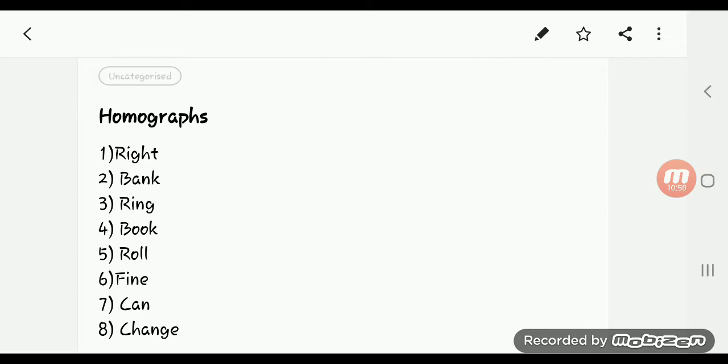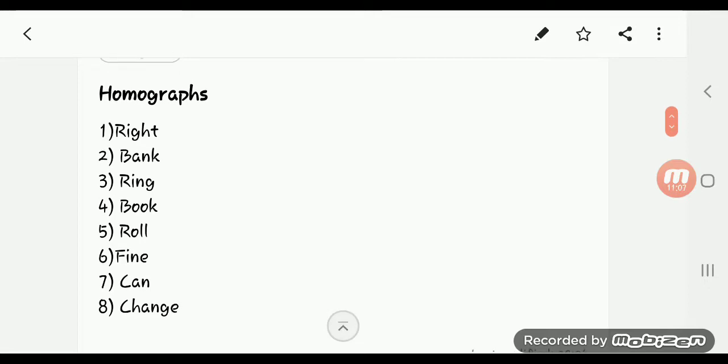Or if your examiner is very strict like me, then maybe there will be two sentences in which one word is used in a different context, like the sentences I told you just now, and then you have to identify the homograph and write down its meaning. This type of word study can also come.